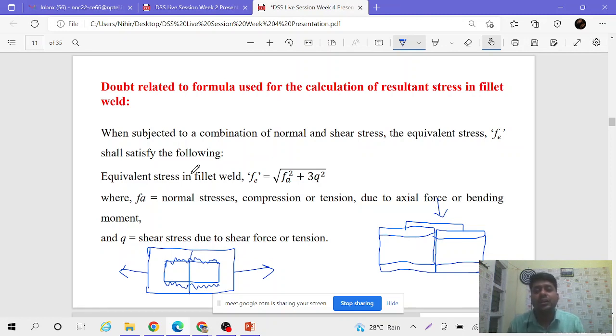It is not failing in any other plane, it is only failing in the shear plane. So there are different reasons for writing different things in the codal provisions.